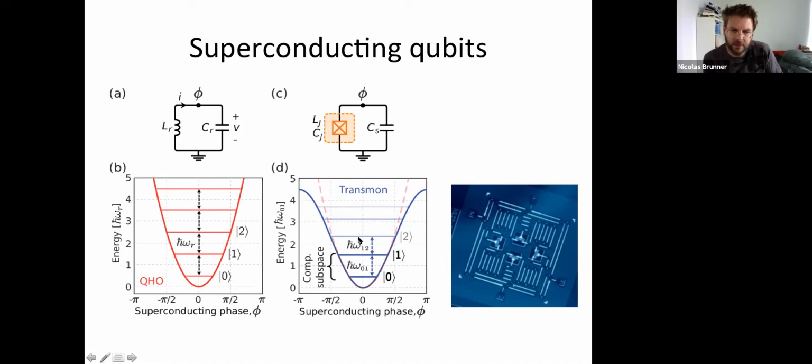Typically, if the oscillator is anharmonic, this gap will become smaller, and therefore now you have a well defined qubit, well separated in frequency.